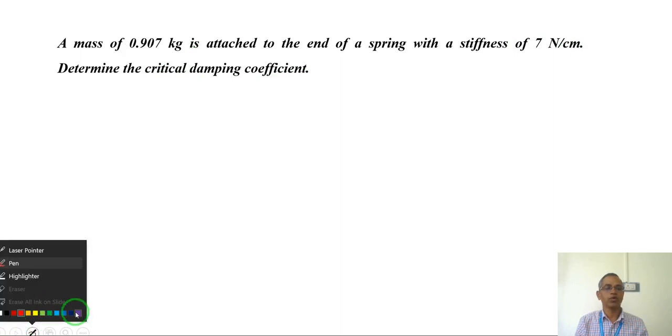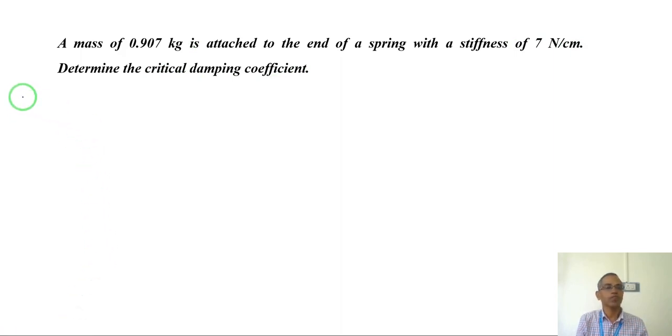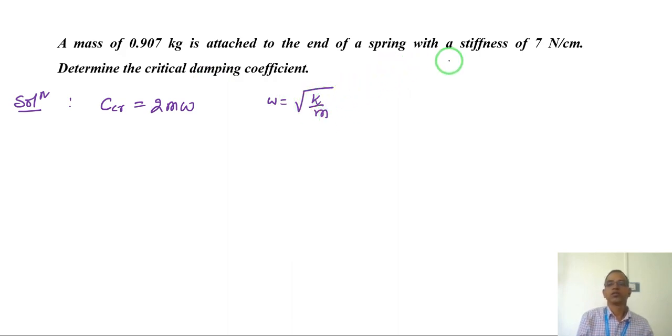Now what we need to do? We need to find out the critical damping coefficient. That means Ccr, which is 2m omega. Critical damping coefficient is 2m omega, where omega is the frequency, and that can be found out from the square root of K by M. K is the stiffness of the spring in Newton per meter.